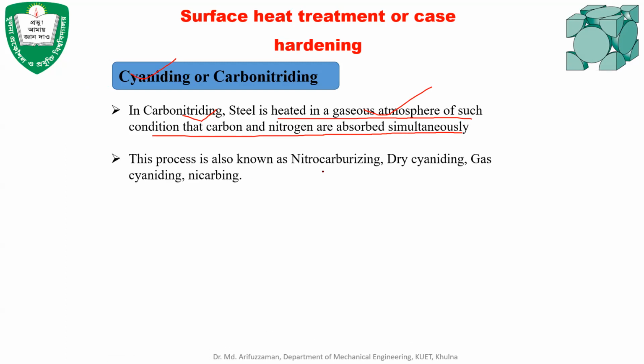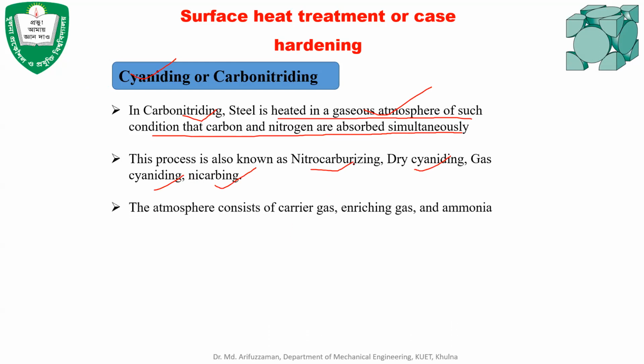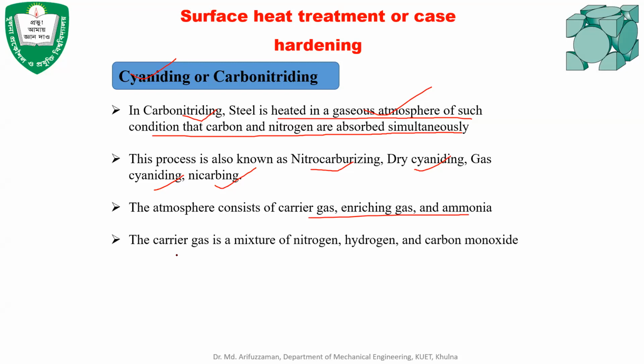This process is also known as nitrocarburizing, dry cyaniding, gas cyaniding, or nicarbing. So there are many different names for the carbonitriding method when it is done in the gaseous environment. The atmosphere consists of carrier gas, enriching gas, and ammonia. The carrier gases are nitrogen, hydrogen, and carbon monoxide, and the enriching gases are propane and natural gas.